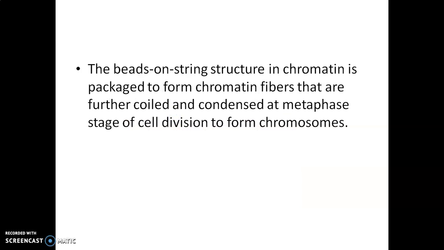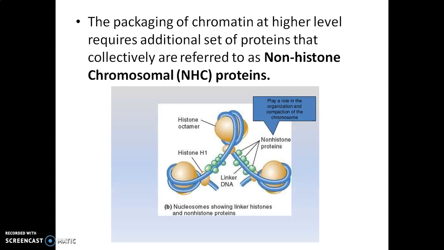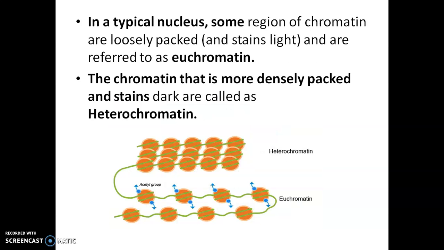The beads on string structure in chromatin is packaged to form chromatin fibers that are further coiled and condensed at the metaphase stage of cell division to form chromosomes. The packaging of chromatin at a higher level requires an additional set of proteins, collectively referred to as non-histone proteins. See, in green color you can see this additional set of proteins, the non-histone chromosomal proteins.